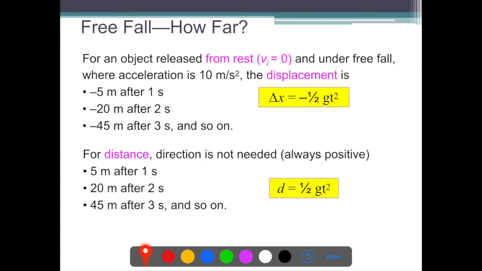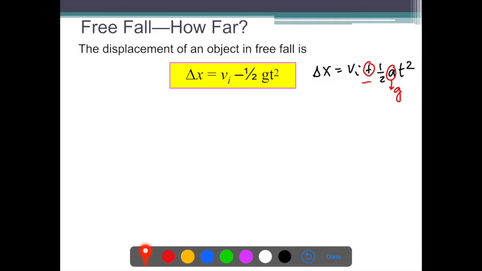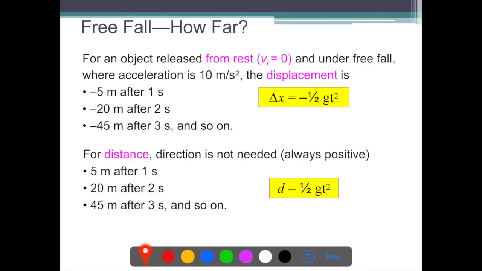Okay, so for an object released from rest, you have here this vi is just equal to 0. And so the displacement after 1 second will be negative 5 meters. Because if we work out this equation here, the displacement is equal to negative 1/2.